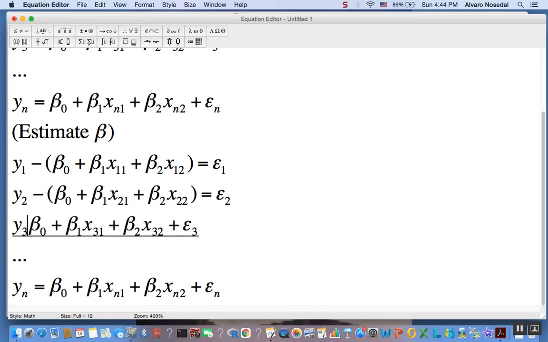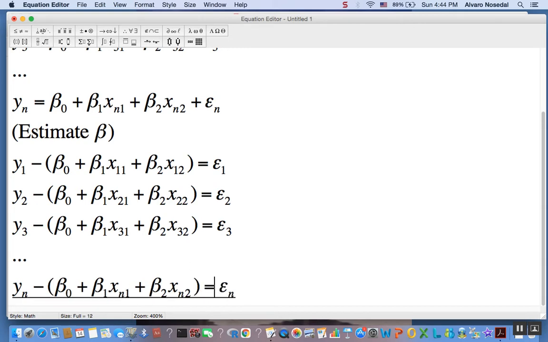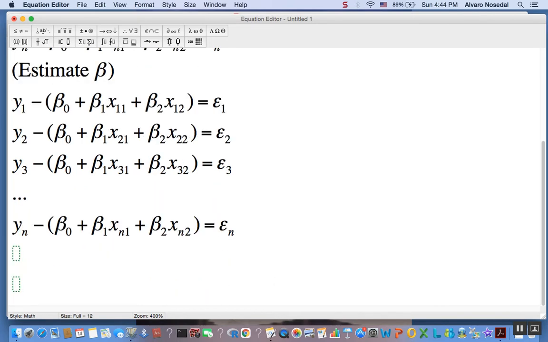So can you see that just like before, those differences are given by those random fluctuations that we don't get to see? We propose some particular values and make those differences as small as possible.